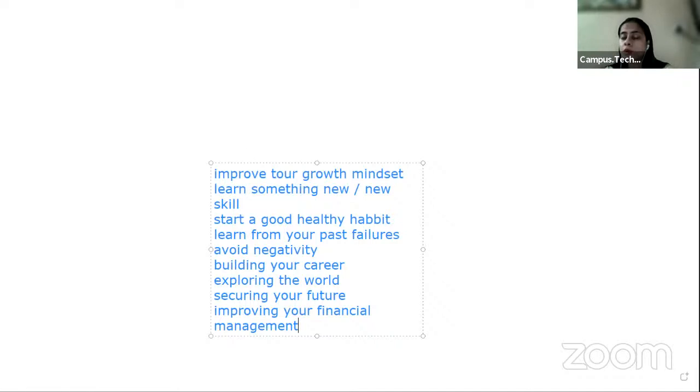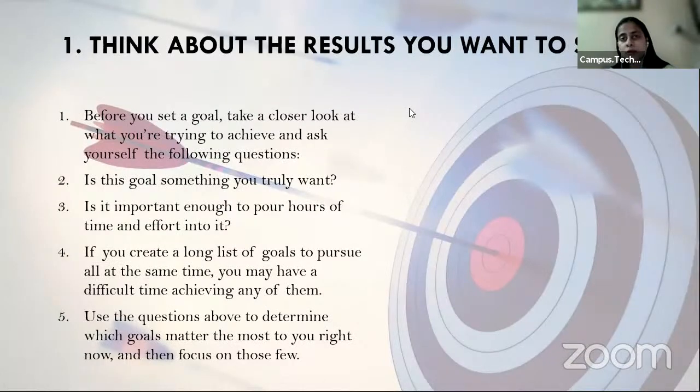Trying to achieve all the goals all together will ultimately result in giving you zero results. You cannot achieve 3, 4, 5 types of goals in one go.